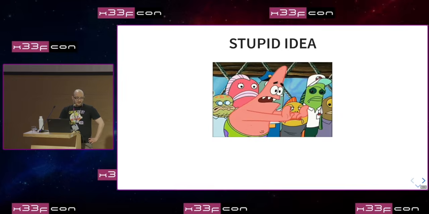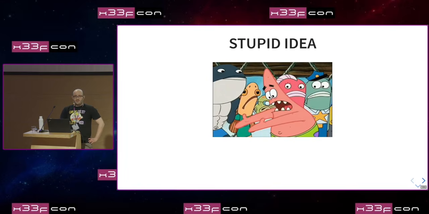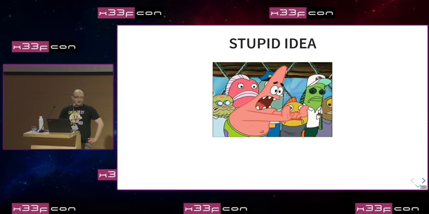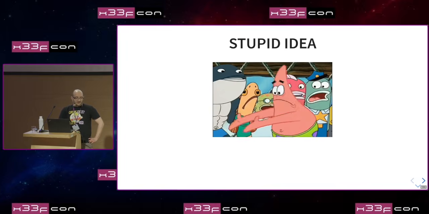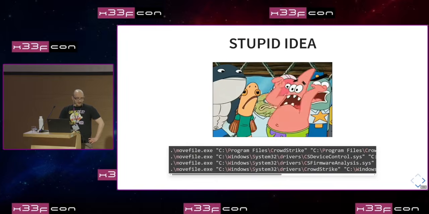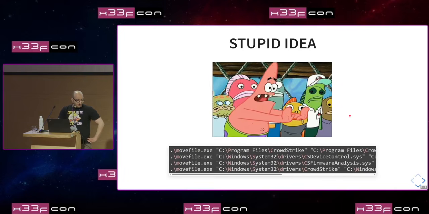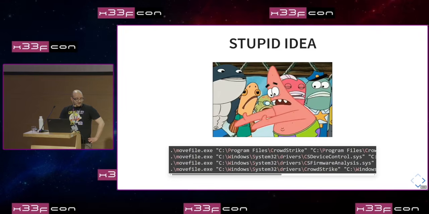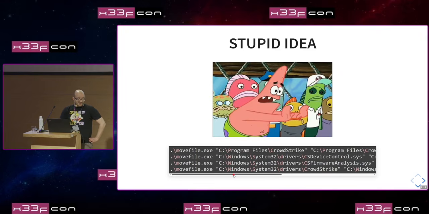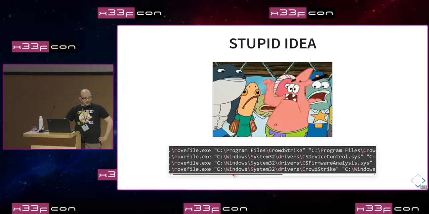And basically, as a hacker, you always think like, I have some goal I want to achieve. What is the stupidest way I can try to achieve it? And since we now know about the MoveFile API, my idea was, CrowdStrike is in the way. Why don't I just move it somewhere else directly after boot? And that's exactly what I did. So basically, you can just use the movefile utility, and then you can manually specify which files you want to move somewhere else.